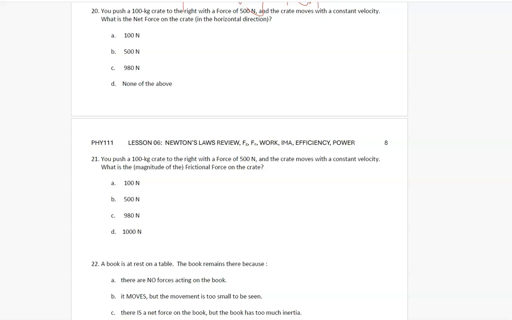All right, so let's draw this diagram out a little bit. We've got some object here, a crate, it's on the ground. We know its mass is 100 kilograms. There is a weight force as a result of its mass and gravity. That's equal to m times g. That's going to be in the negative direction.